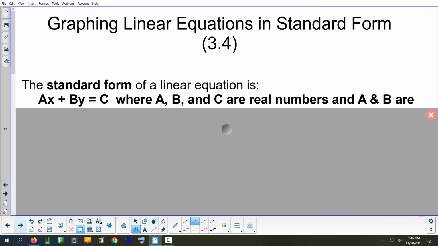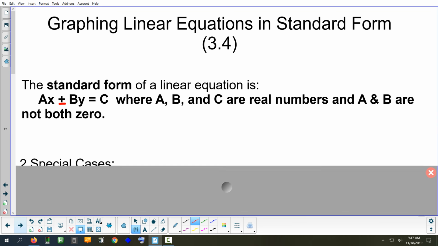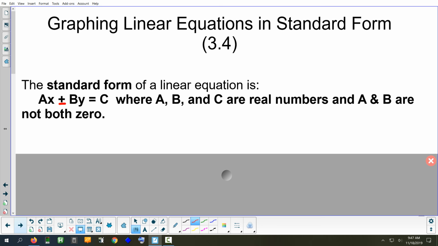Standard form is basically a number times x plus, or it could be a minus. I'm going to put plus or minus, depends on the problem. And then a number times y equals a number. The a, the b, and the c are just numbers.